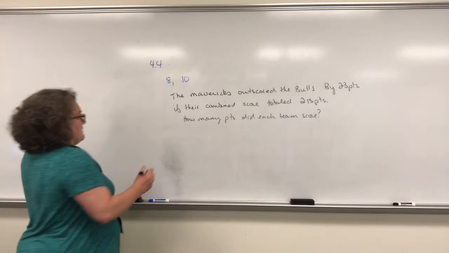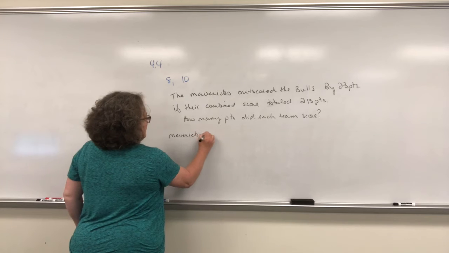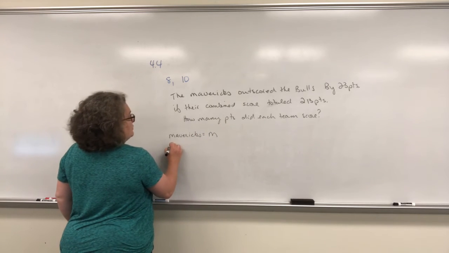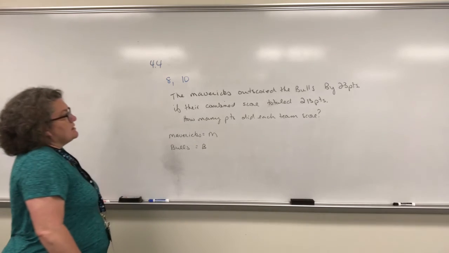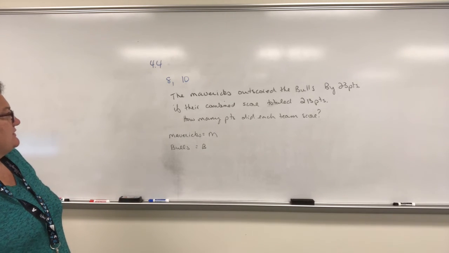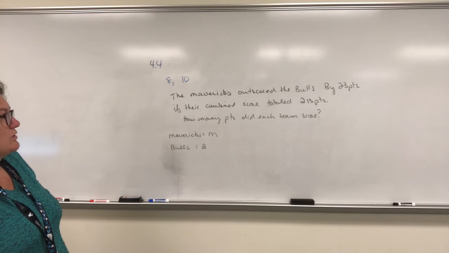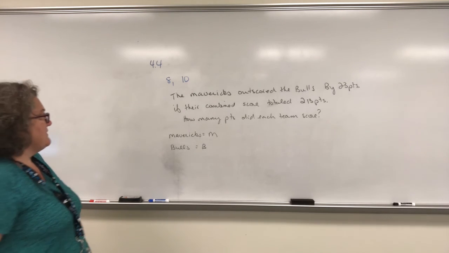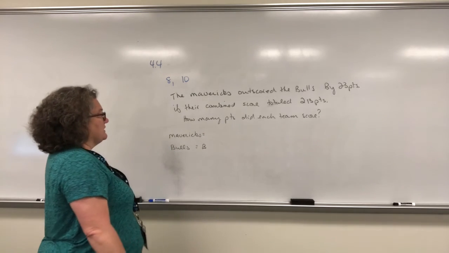So I'm going to call Mavericks M, and I'm going to call the Bulls B. And what does it mean if the Mavericks outscored the Bulls? That means that they scored more points. So I'm actually not going to call this M. I'm going to take that back. I'm re-looking at this.